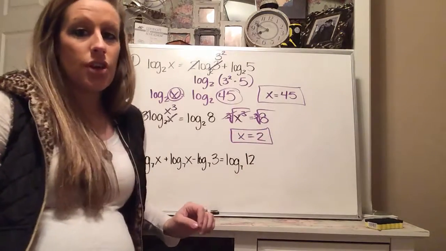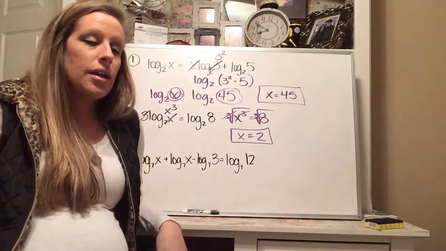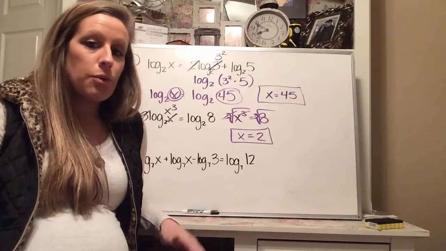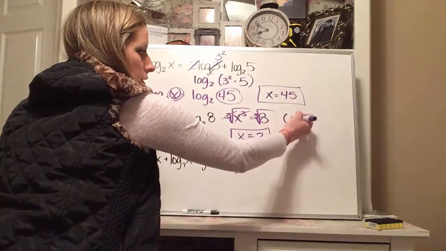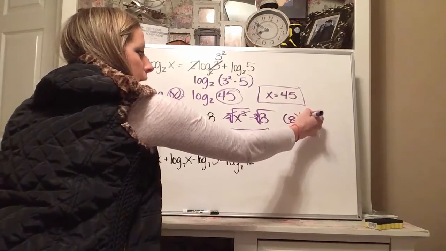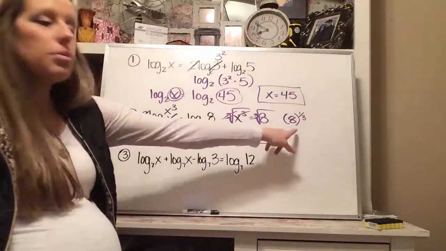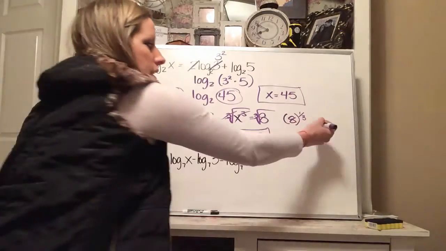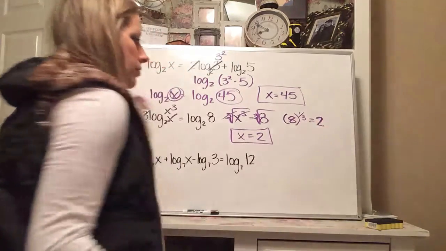Okay, if you're not sure what the cube root of 8 is, you can put it in your calculator. We don't have the cube root button on the calculator, but if you change it to a rational exponent, so 8 to the 1/3 power, that's the same thing as cube rooting it. Okay, so you can put it in your calculator and it'll tell you the answer too.